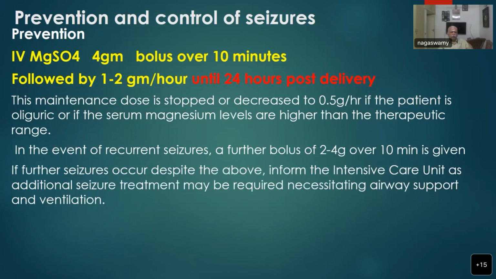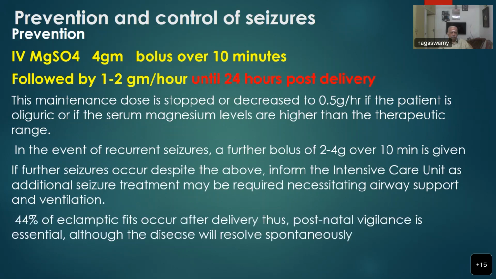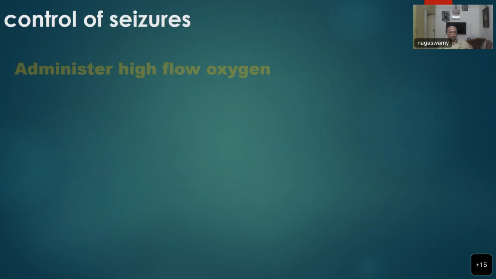If further seizures occur despite the above, inform the intensive care unit, as additional seizure treatment may be required, necessitating airway support and ventilation. 44% of eclamptic patients have seizures after delivery, so postnatal vigilance is also very important, although this may resolve spontaneously.